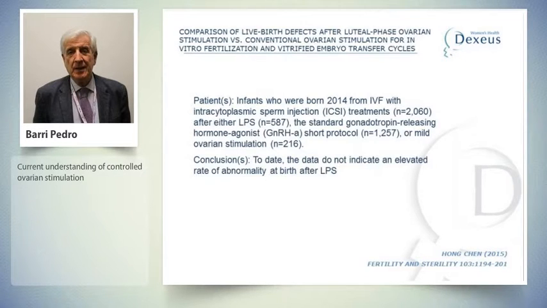The safety of this luteal phase stimulation seems good, and these are data from the Chinese group, in which, as you will see here, they compare babies born after 2,000 IVF and ICSI cycles. Treatments were conducted after luteal phase stimulation, practically 587 cycles, agonist protocol, 1,200, and mild ovarian stimulation. No difference in the rate of fetal abnormality among these 3 protocols.